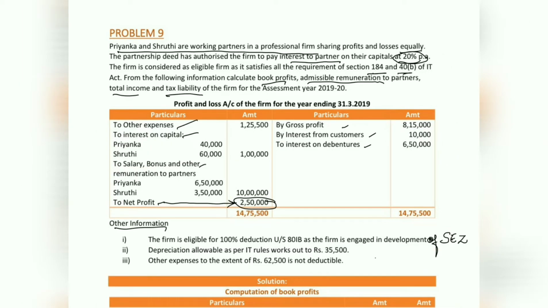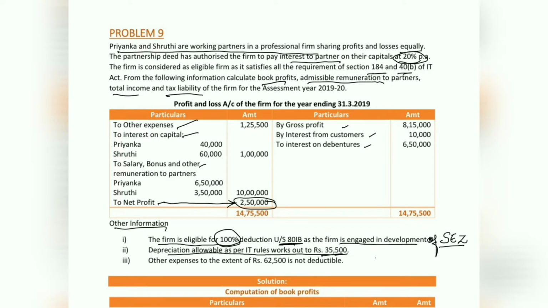Other information. Point number 1: the firm is eligible for 100% deduction under section 80IB as the firm is engaged in the development of SEZ. The second point is depreciation allowable as per IT rules works out to rupees 35,500.